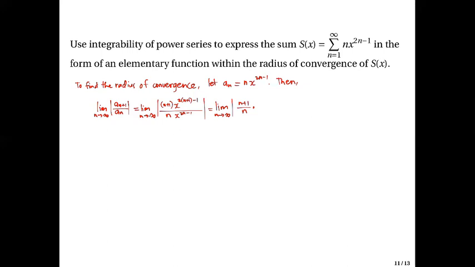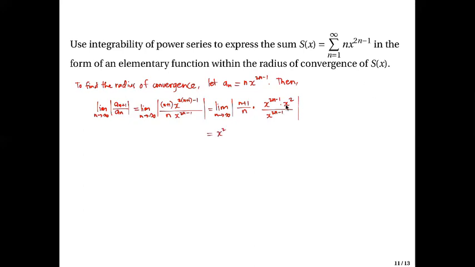We rewrite that as x raised to 2n minus 1 times x squared over x raised to 2n minus 1. We easily see that these cancel each other, and therefore this is just x squared.